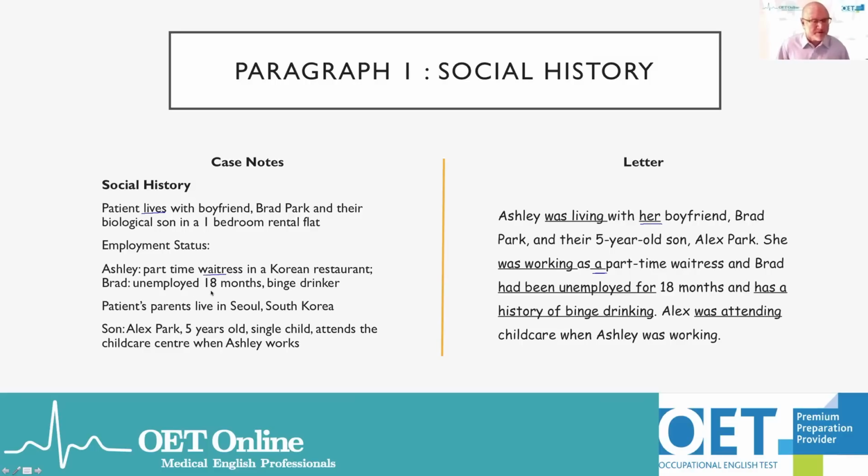"Brad's unemployed 18 months," but we've got to add the preposition for time, and "he had been unemployed for 18 months." And he's a binge drinker, so this writer has used the formal expression, "has a history of binge drinking." We use an article when we nominalize the noun, as in this case, "a history of binge drinking." Okay, so that's our first paragraph done.